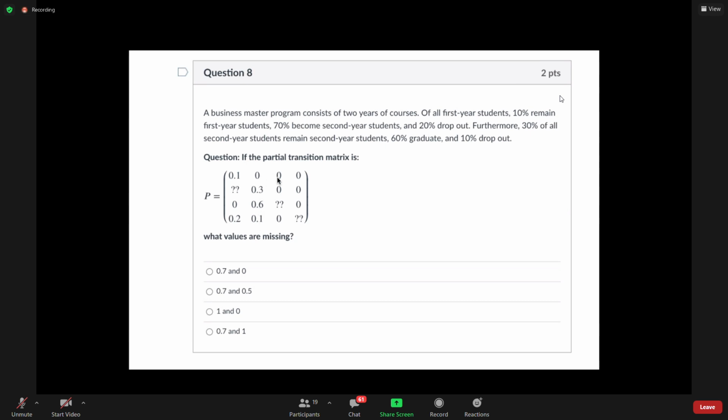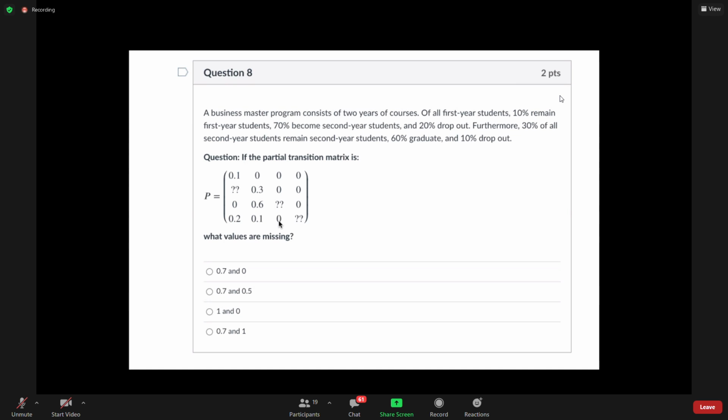What happens in the next stage of their lives? Well, again, they cannot remain first year students when they have graduated university. They cannot remain second year students when they have graduated university. Here is the percentage of graduation, which after a year of the master's should become 100%, because everybody should have graduated at this stage in their lives.